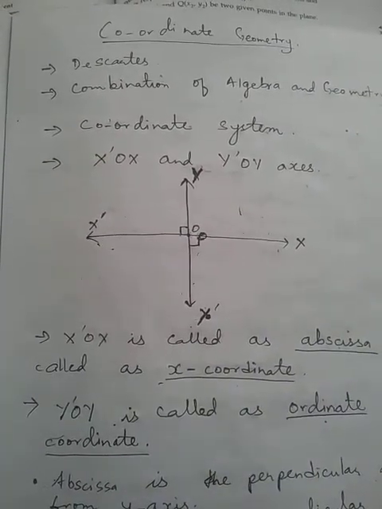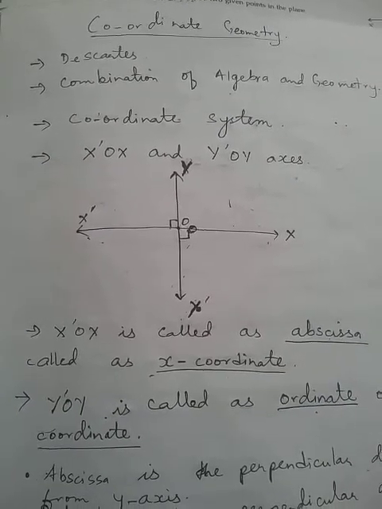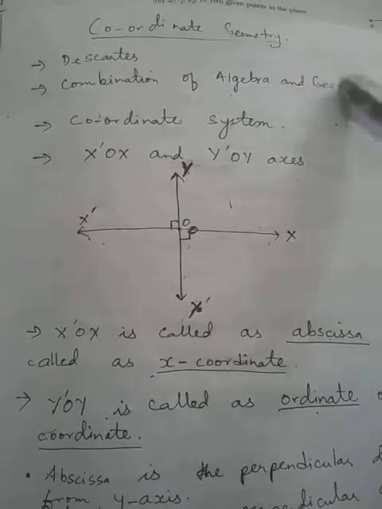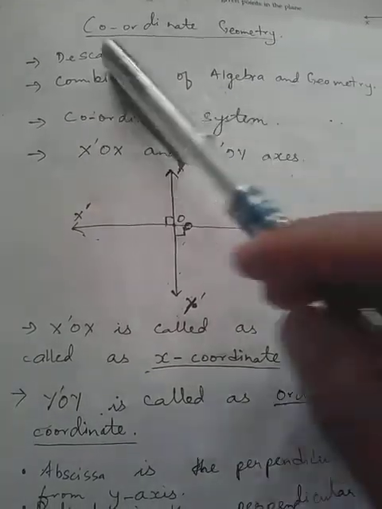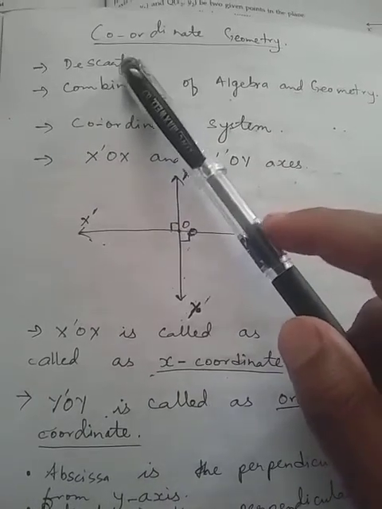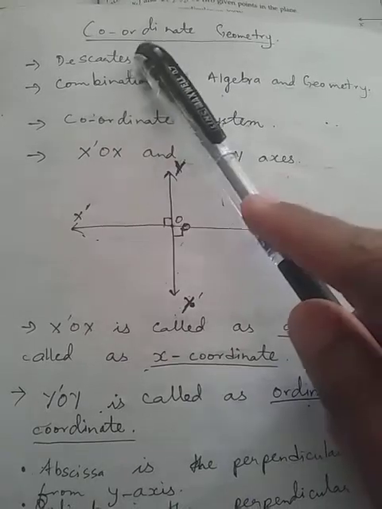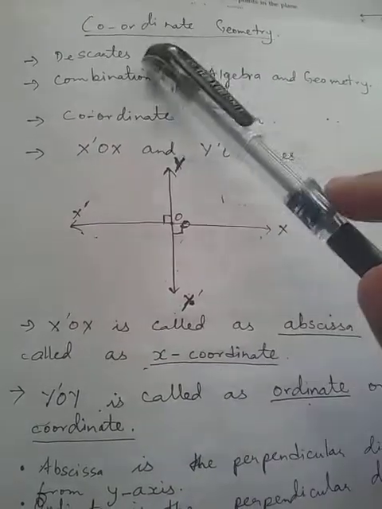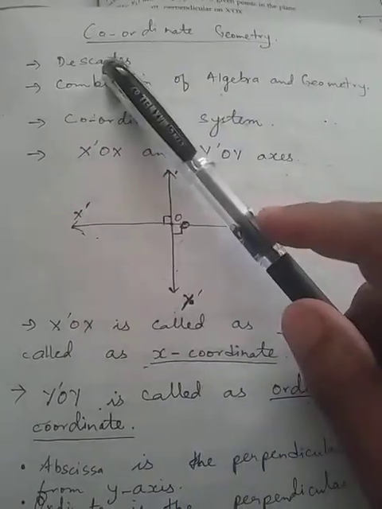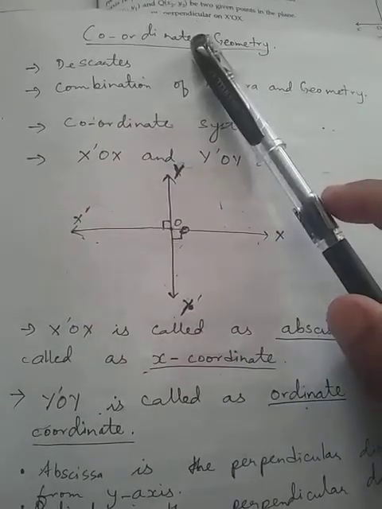Now this coordinate geometry was first given by a French mathematician whose name was René Descartes. This French mathematician gave this first idea, and he developed this idea of coordinate geometry. Now, what do we learn in coordinate geometry?